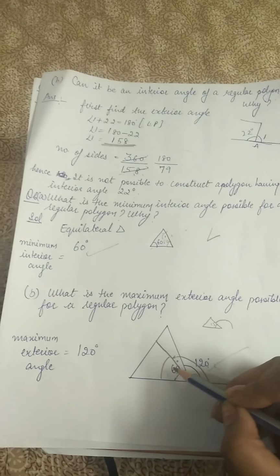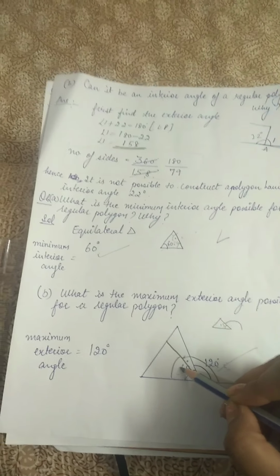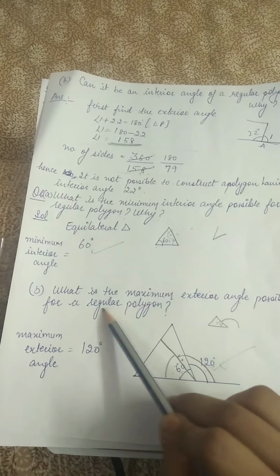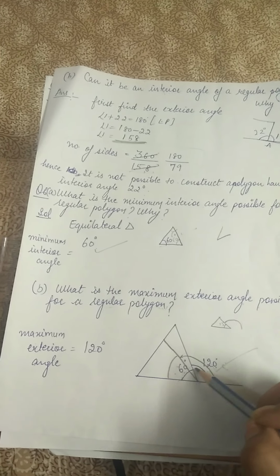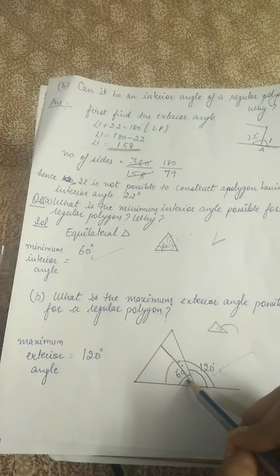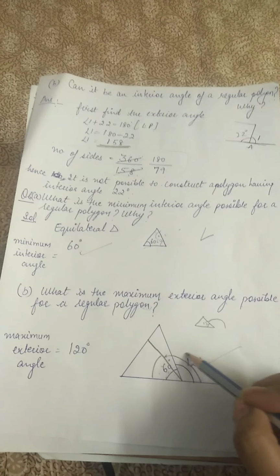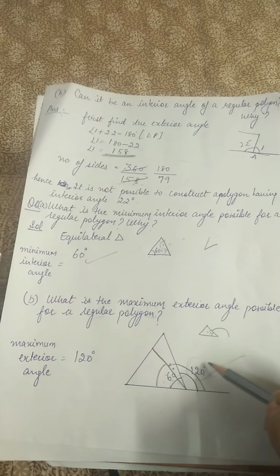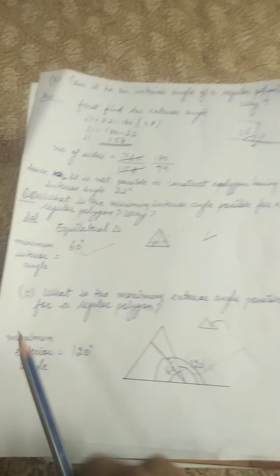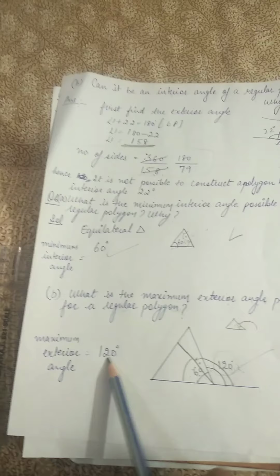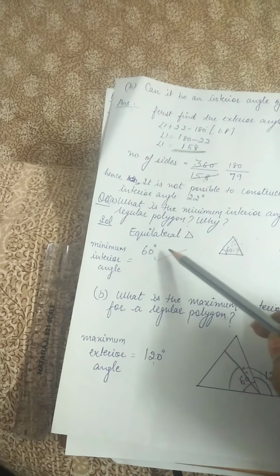But you cannot change the interior angle, because in a regular polygon the smallest interior angle is 60 degrees. Therefore, the maximum exterior angle is 120 degrees and the minimum interior angle is 60 degrees.